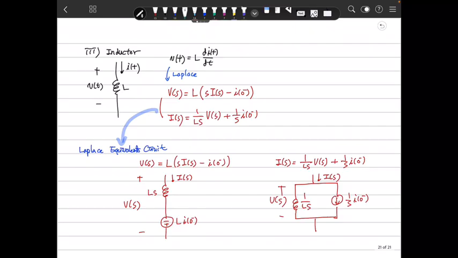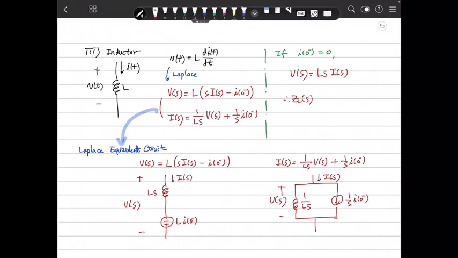In the same way, if the initial value i0 is 0, then Vs is simply Ls times Is.